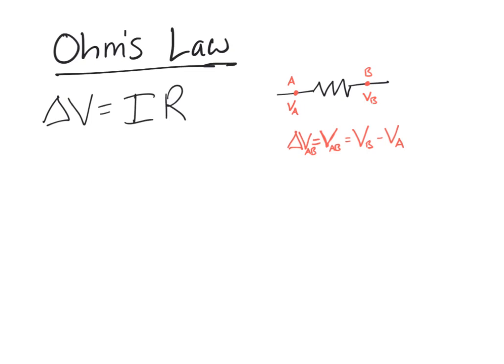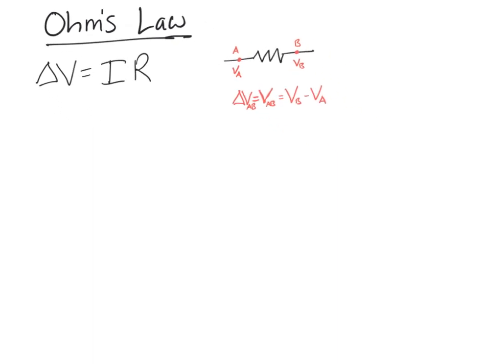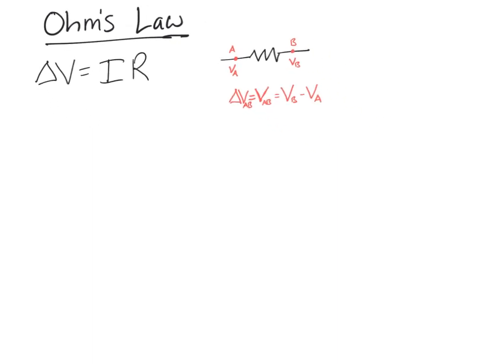Now let's move on and talk a little bit about electric power. So we're talking about the power dissipated in a resistor or other element of our circuit. The power dissipated by a resistor is equal to the amount of work over time, which, in the case of charges being moved around, is equal to Q times the change in potential divided by the time.